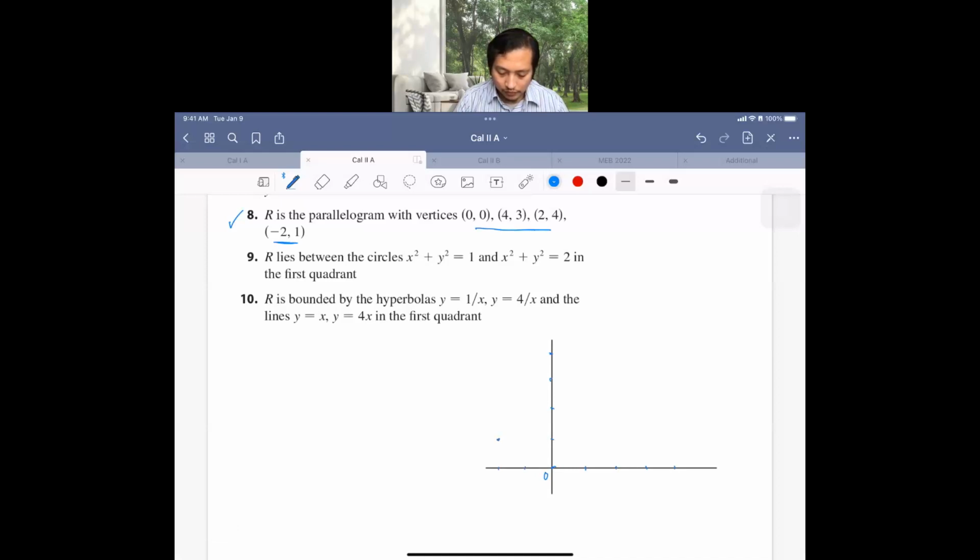This will be negative 2 and 1, and then 4 and 3. This is 4, 3, and then 2, 4 here.